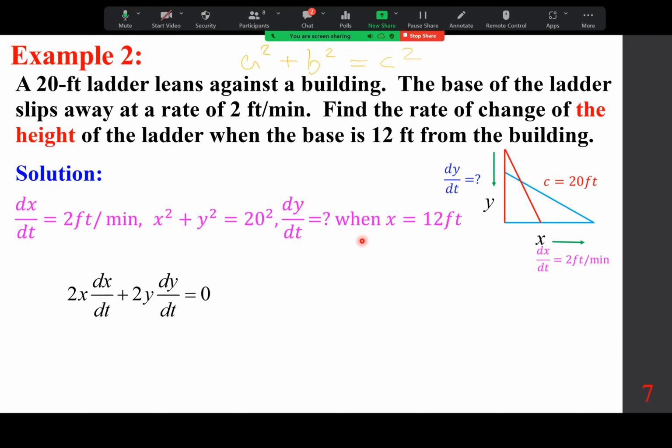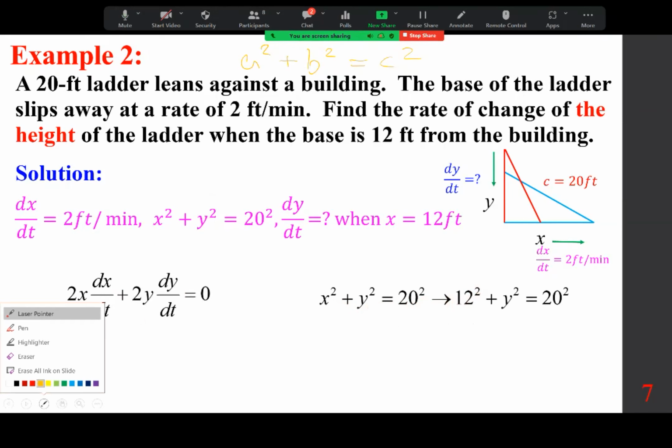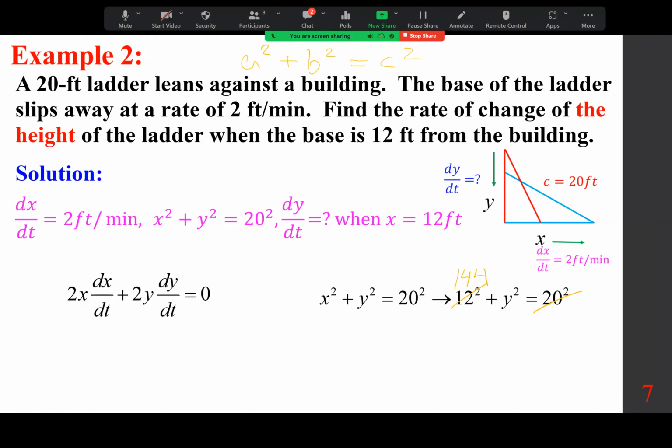So at the moment when x is 12, we can know what the y value is from the Pythagorean theorem. So x squared and y squared add up to 20 squared. This is 12 squared, 144.